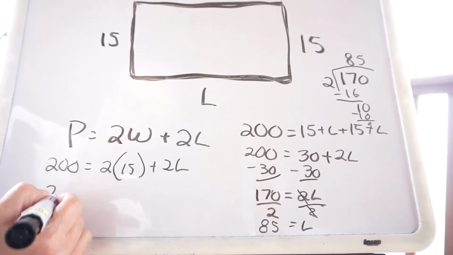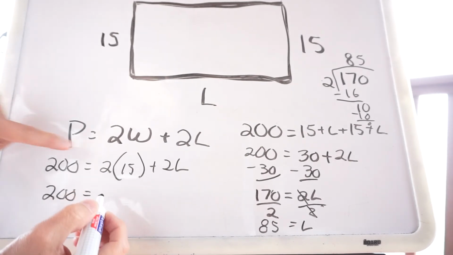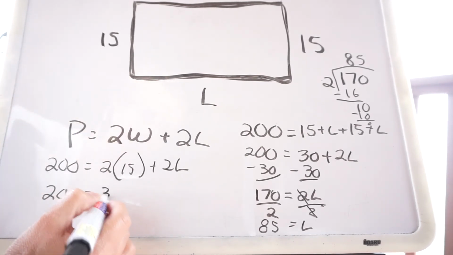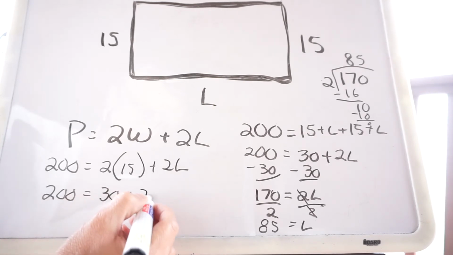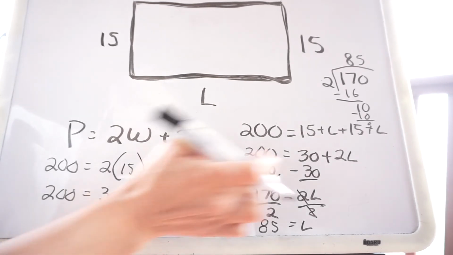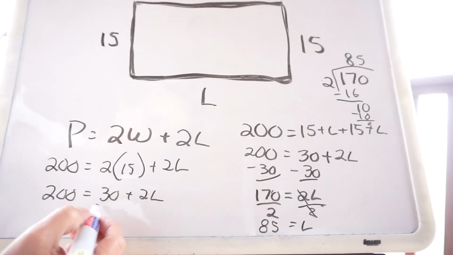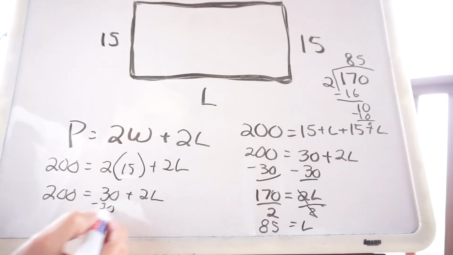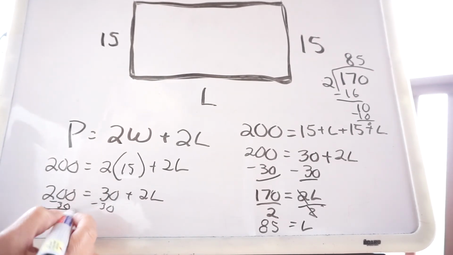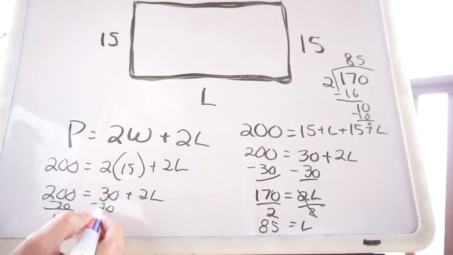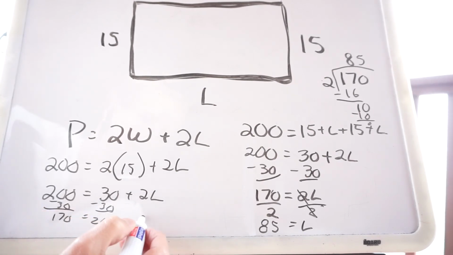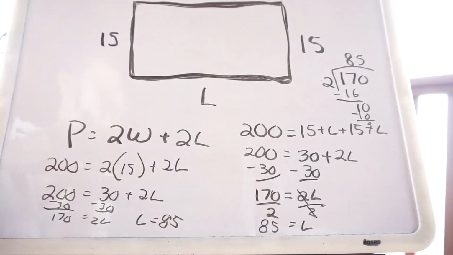And then we simplify here. 2 times 15 is 30. See how here we have exactly what we had there. So we would do the same thing. We would subtract 30 from both sides. 170 equals 2L, and then L would also be 85. Okay, hope that helps.